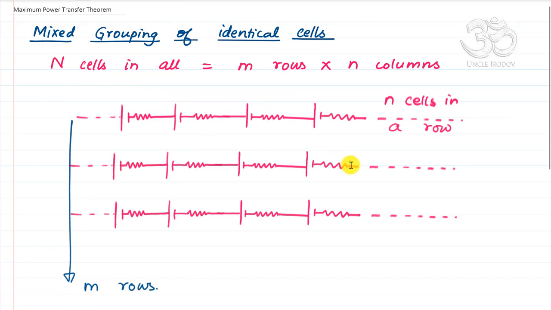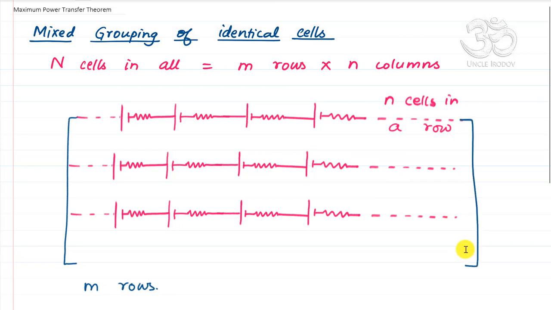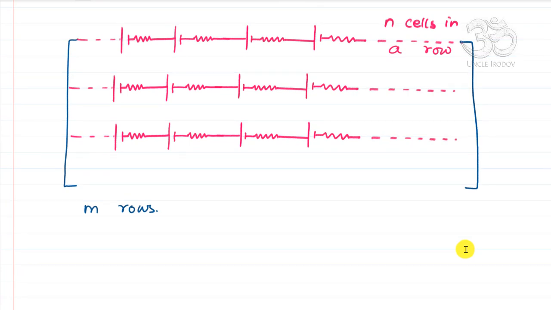And what we are doing is we are joining all the left hand sides with one conducting wire, like this, and we will join all the right hand sides with one conducting wire, like this, and across that wire we will take the output.